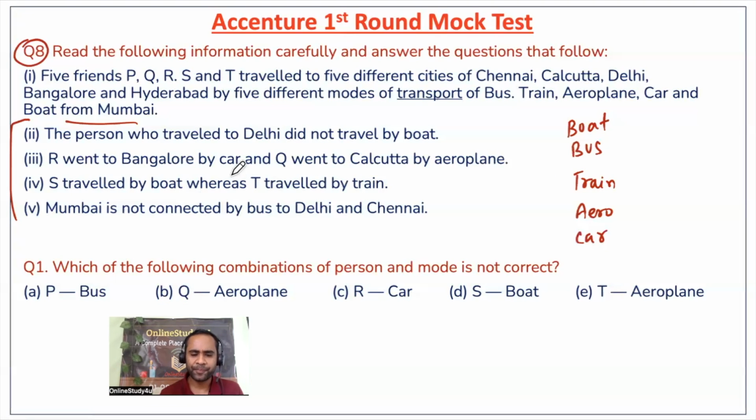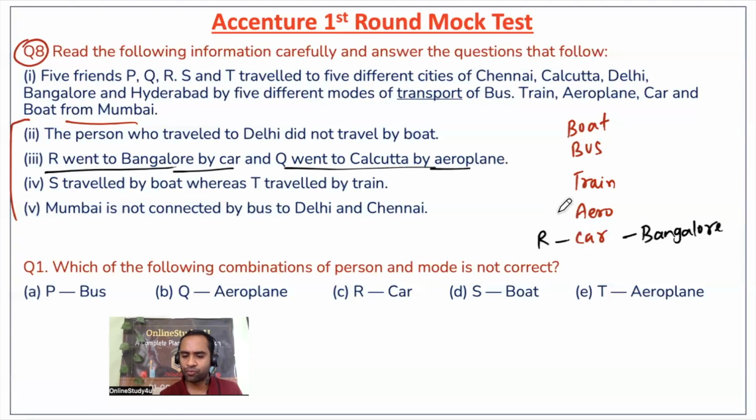Fine. So now we will try to find out the definite statements, like R went to Bangalore by car. So R went by car to Bangalore. This is clear, no tension. And Q went to Kolkata by plane. So these two are clear.